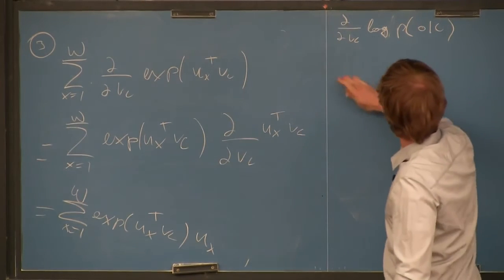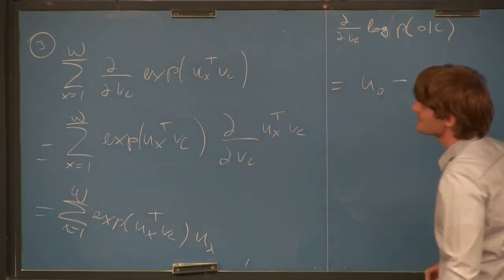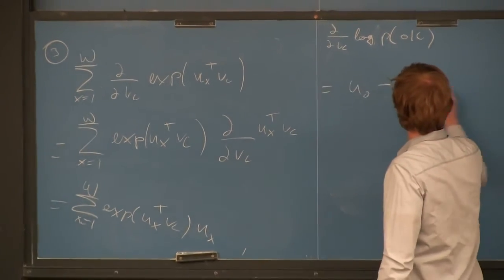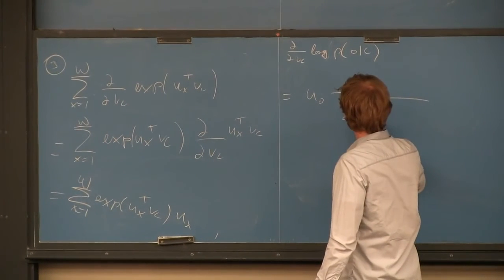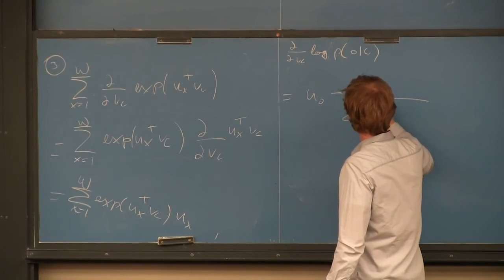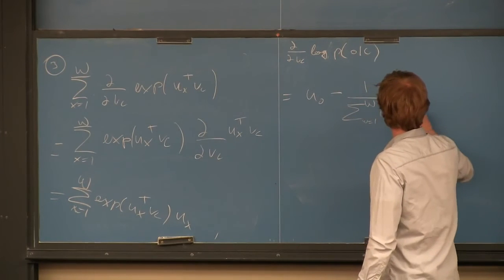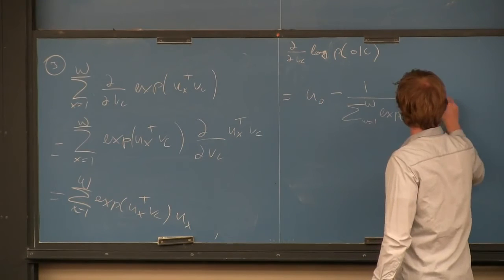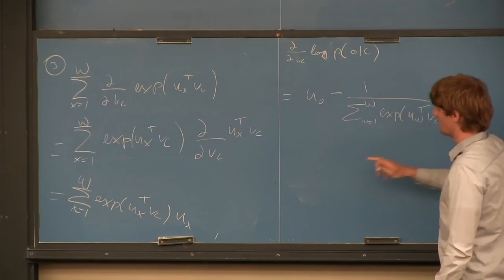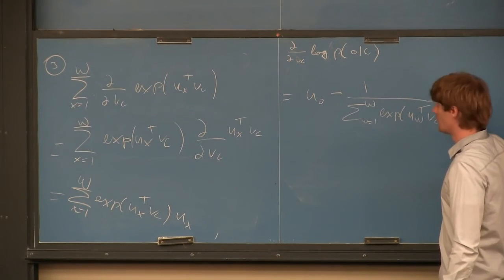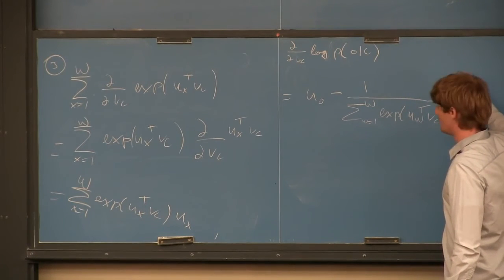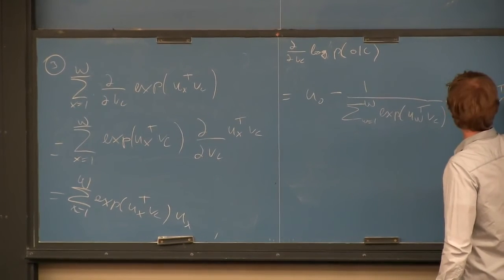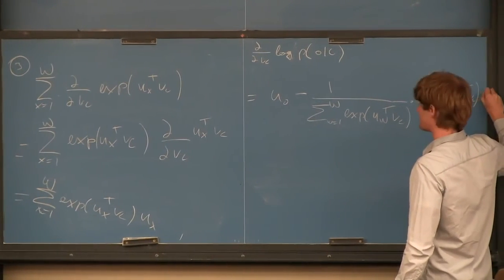So that is equal to uo minus, and now we had the first part here, 1 over the sum over w equals 1 to W of exp of uw transposed vc, times the sum over x equals 1 to W of exp of ux transposed vc times ux.